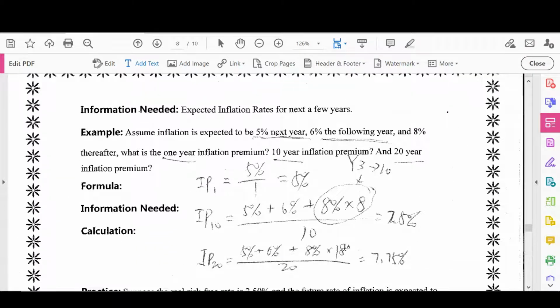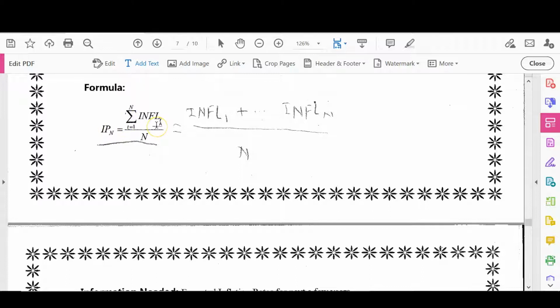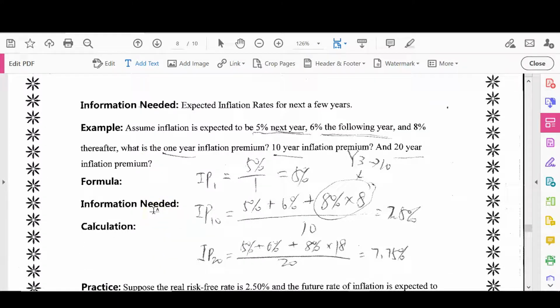I hope you saw our example from the last video. Here is an example of how we can calculate inflation premium, IP, by using the inflation rate from year 1 to year n and dividing by n. This takes the average of the inflation rate over the n years to calculate the inflation premium for a bond with n maturity.